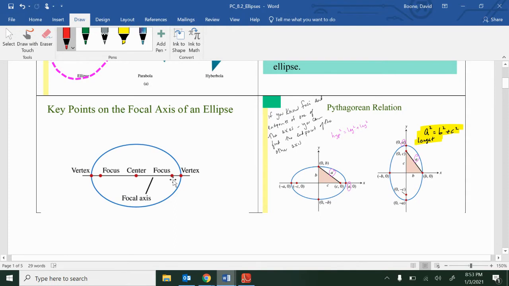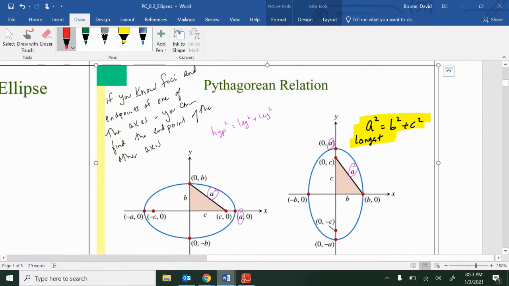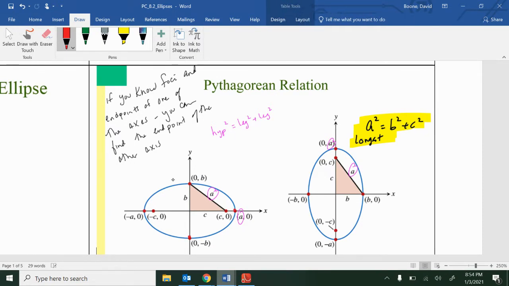So there is actually a Pythagorean relationship if we look inside these ellipses, and that's kind of important, because if you know the foci and endpoints, so if you know the foci is some (c, 0) or (negative c, 0), and the endpoints or the vertices here are (a, 0), (negative a, 0), or the other one, (0, b) and (0, negative b), if you know those different endpoints, whether they be actual vertices or not, you can always find the endpoints of the other axis.